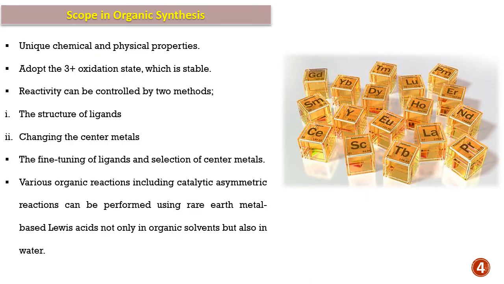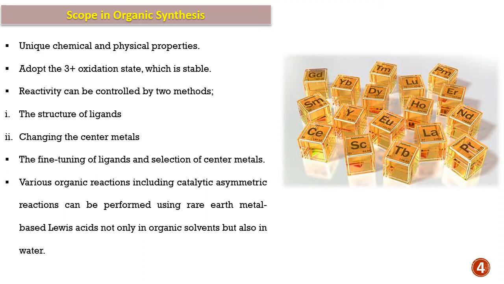Scope in organic synthesis: the importance of rare earth metal salts as catalysts is growing rapidly based on their unique chemical and physical properties. They adopt the +3 oxidation state, which is stable and not easily changed to other oxidation states under normal conditions. Reactivity can be controlled by two methods.